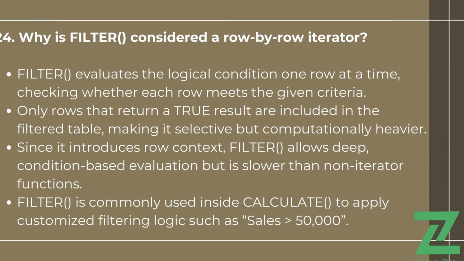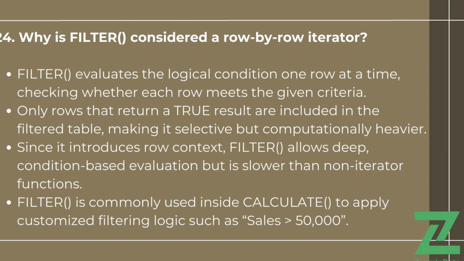24th question. Why is FILTER considered a row-by-row iterator? FILTER evaluates the logical condition one row at a time, checking whether each row meets the given criteria. Only rows that return a true result are included in the filtered table, making it selective but computationally heavier.